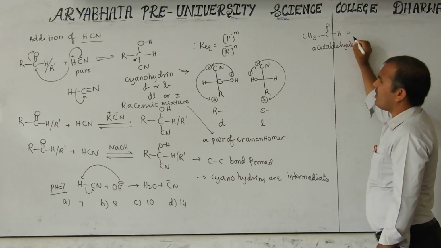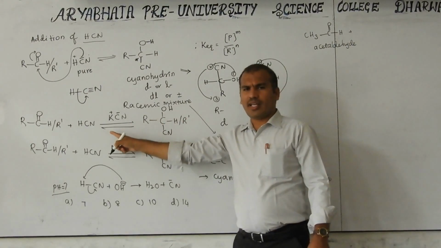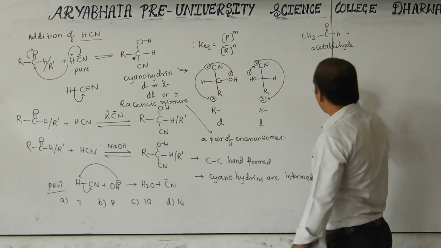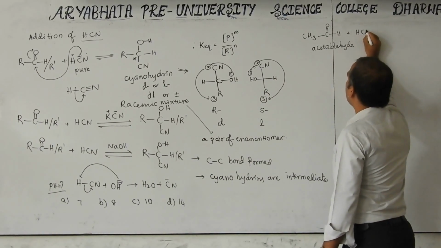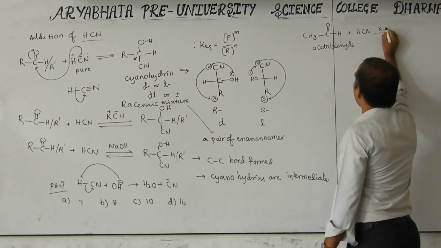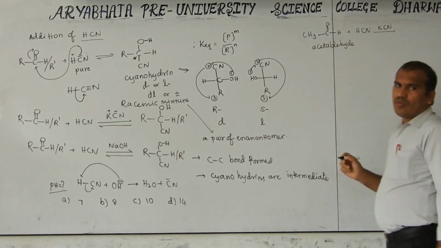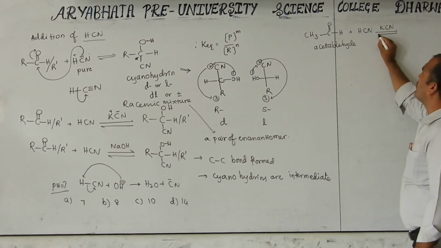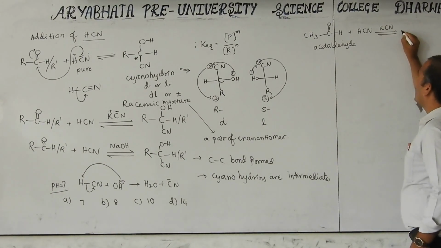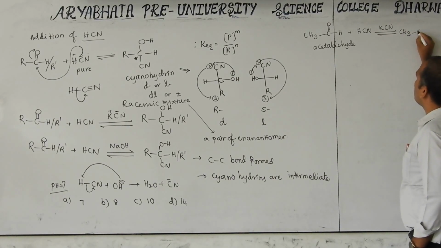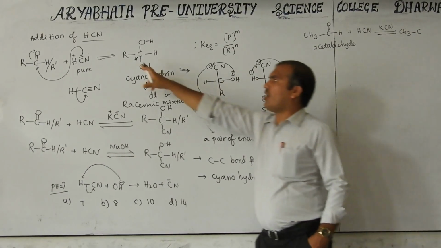This acetaldehyde reacts with HCN, KCN mixture because the rate is fast. Then what will you get? This is generally a reversible reaction. CH3, C, OH, cyanide, the same product; R means CH3.